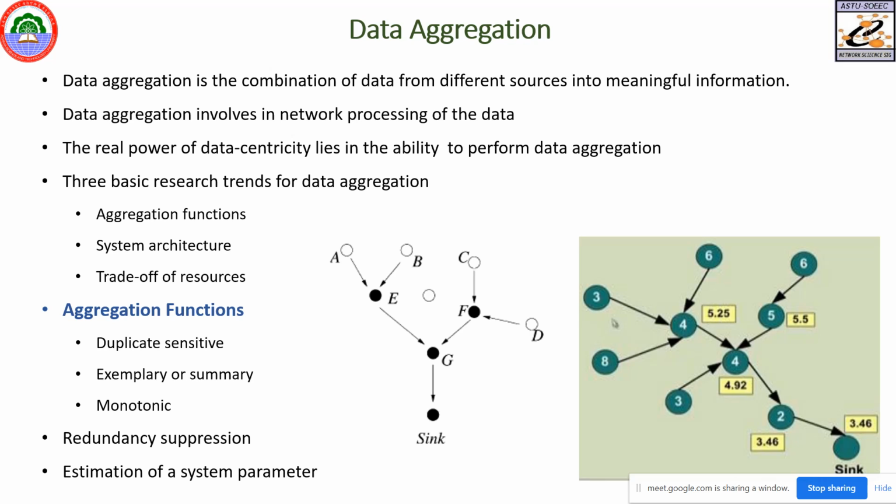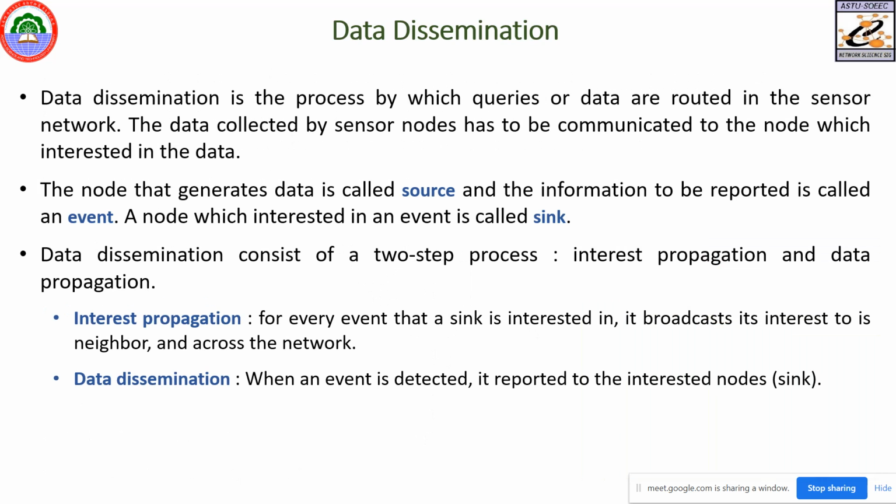Now, once the aggregation is done, there are some aggregation functions called duplicate suppression, exemplary, summary, monotonic, like that. All these are meant to reduce the possibility of redundancy. Once this data is aggregated, we need to transfer the data. That is called dissemination.